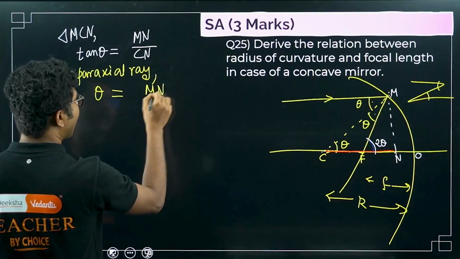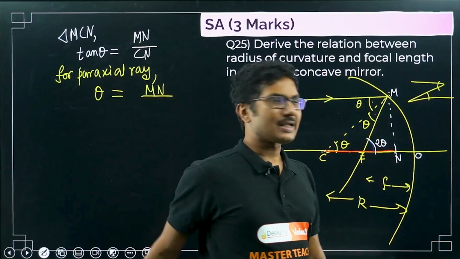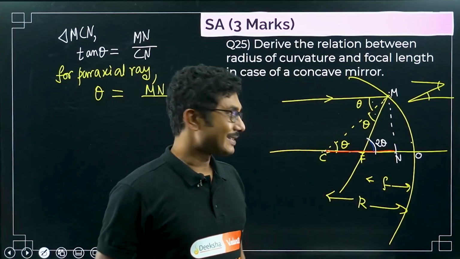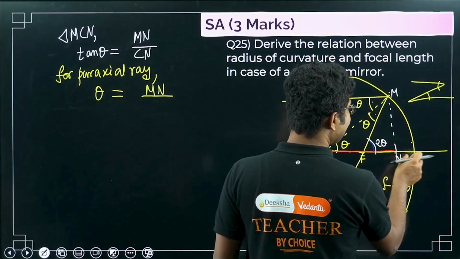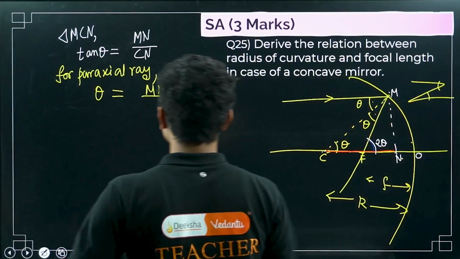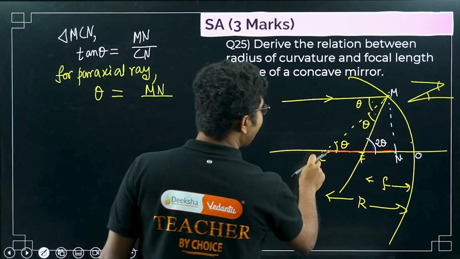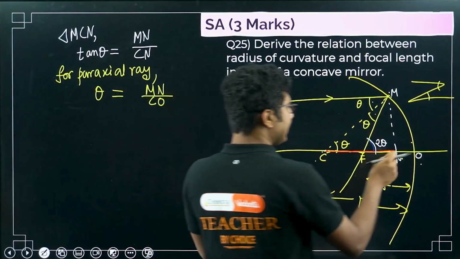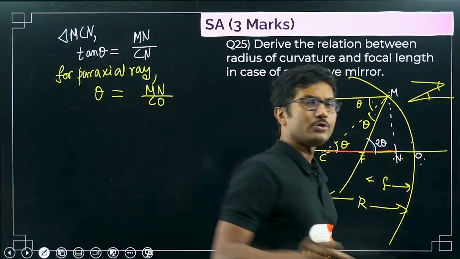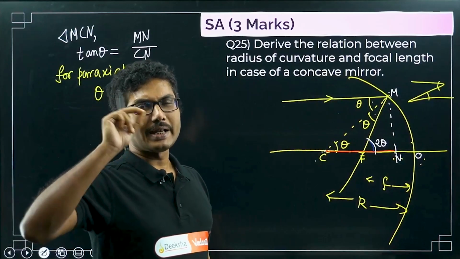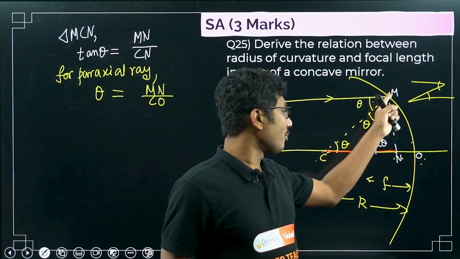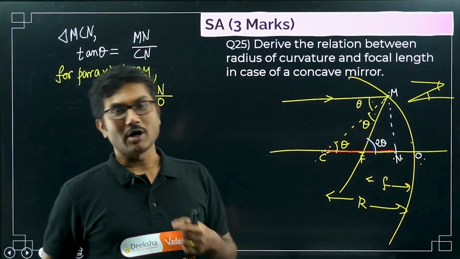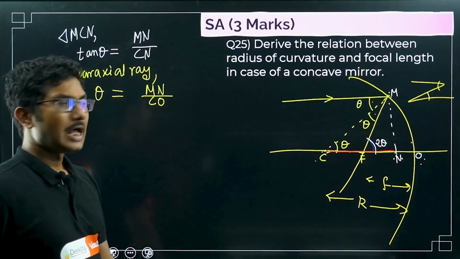And one more thing we can say: if the ray is paraxial, then this point M is very close to the optical center O. So basically this N is exactly at O. So instead of writing CN, we will write CO. This N point and O point will almost merge; the perpendicular you have drawn from point M to the principal axis will exactly match the optical center. So these are the two approximations that we have done.